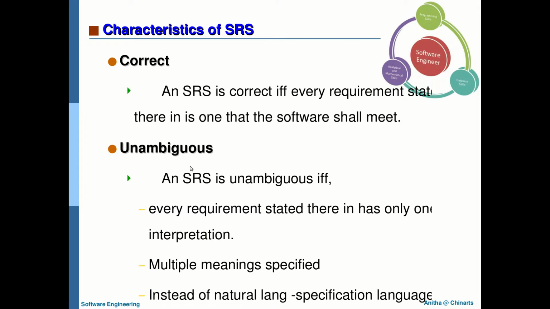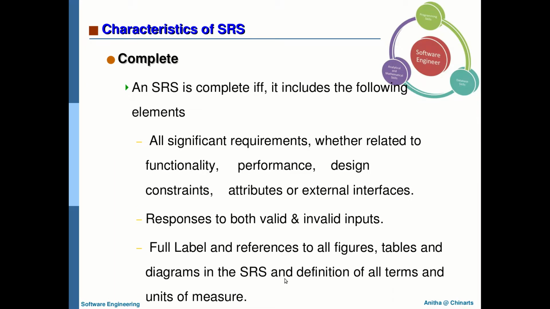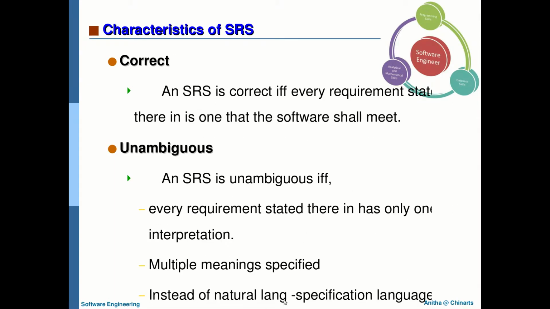And the SRS must be unambiguous. When will it be unambiguous? If and only if every requirement stated therein has only one interpretation and no multiple meanings. Instead of natural language, a specification language can also be used in the SRS to overcome ambiguity.